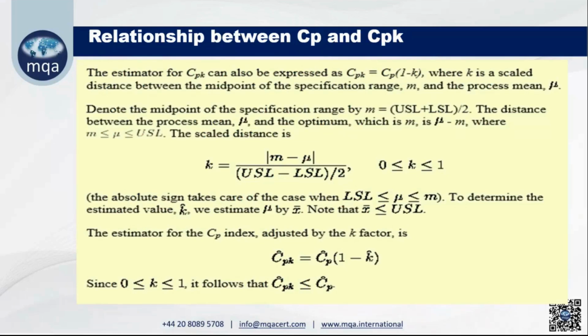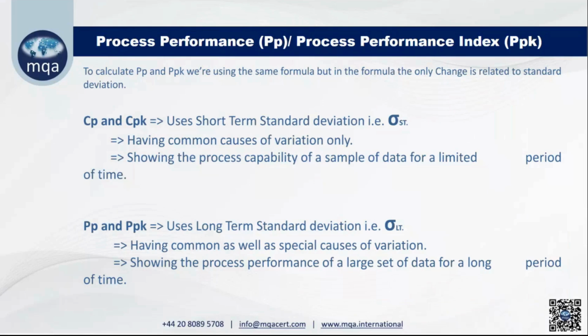We have seen the relation between CP, CPK and PP, PPK. P stands for performance. When we do performance, we do long term. Long term means production carried out for months or weeks.